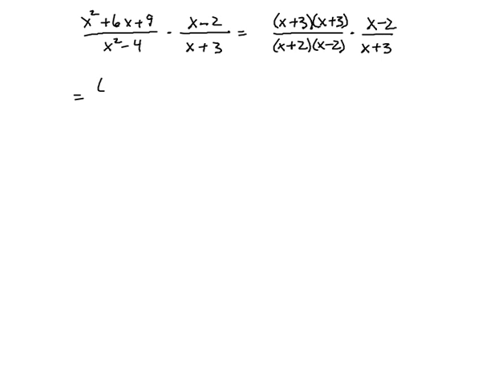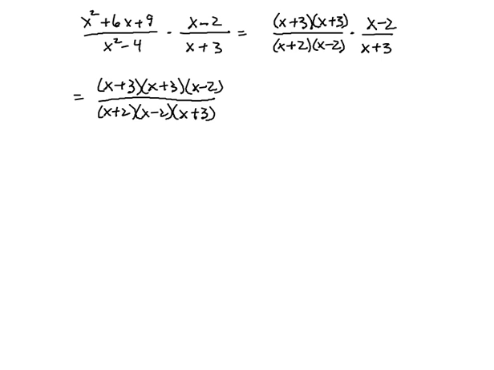Now, when multiplying the two fractions together, like I said, I'm going to multiply the numerator of the first one times the numerator of the second one, and then the denominator of the first one times the denominator of the second one.